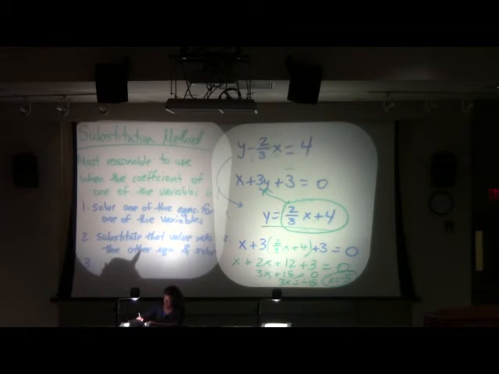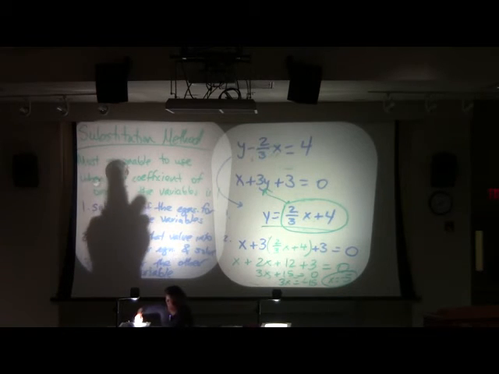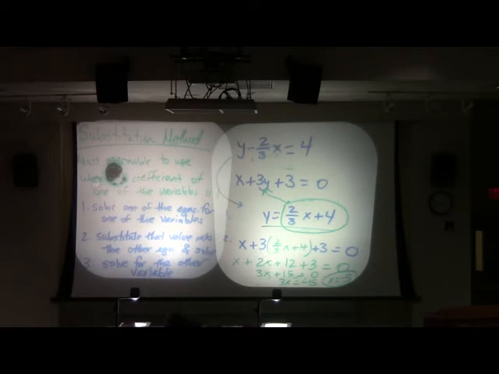Now, my next step is to use my solution in number 2 to solve for the other variable. It's too bad I made a typo. All right. So, you guys, we have x equaling negative 5.